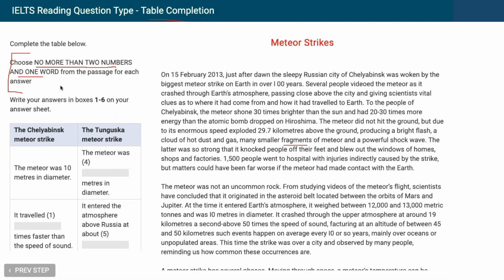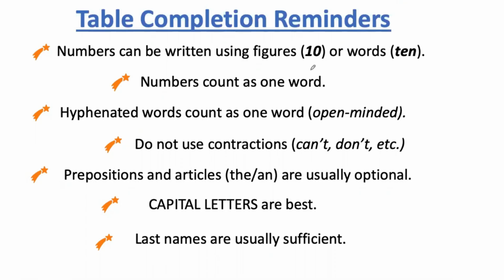So let's go ahead and look at some helpful reminders for writing in our answers. Now, you might remember some of these reminders from different completion question types that we've covered, but I just want to review them so they're fresh in our memory and so that we're ready to tackle this question type.